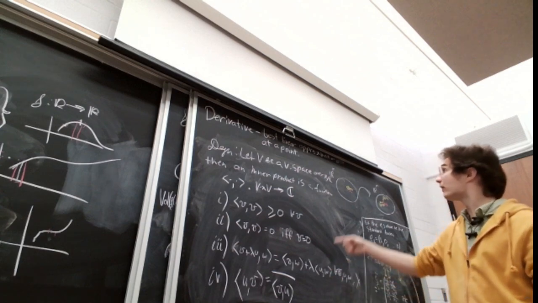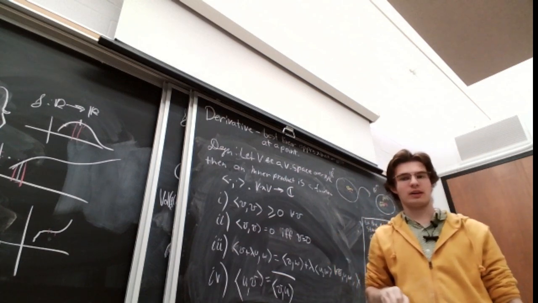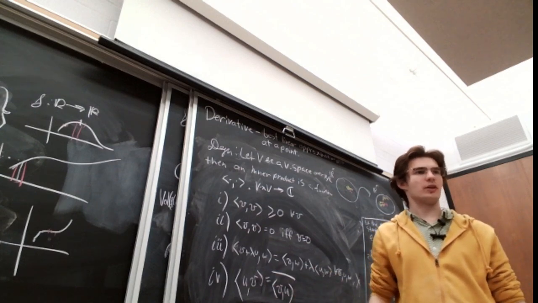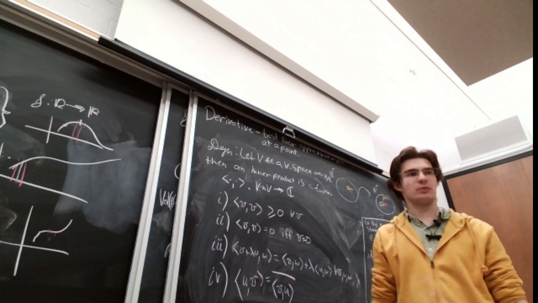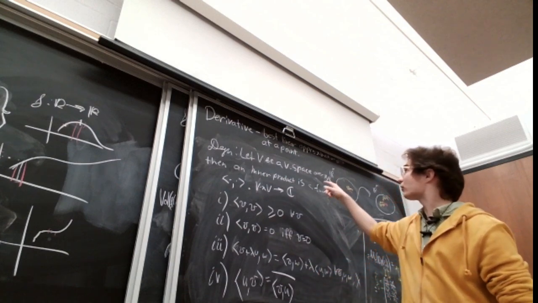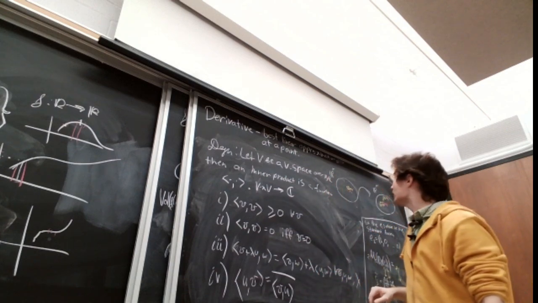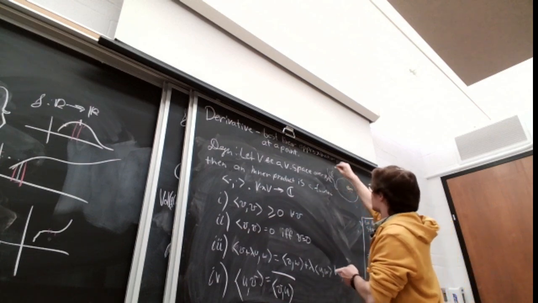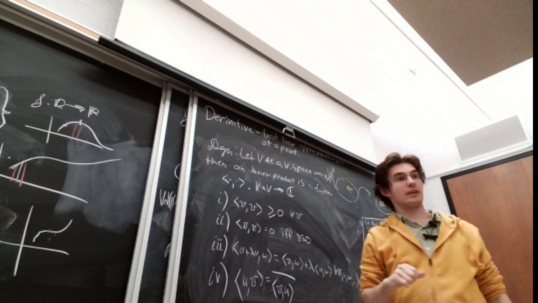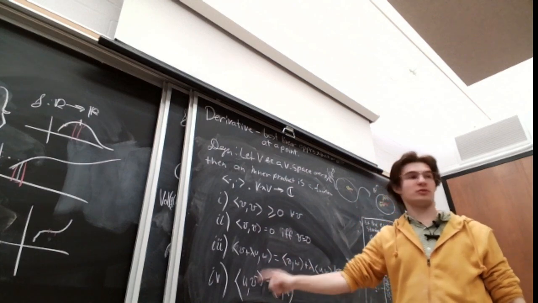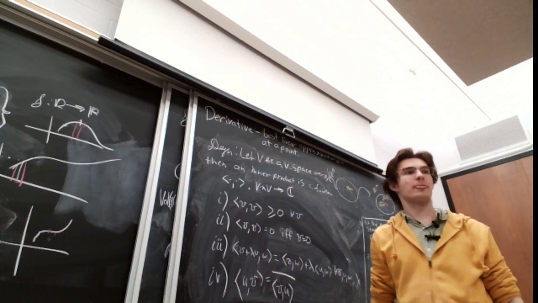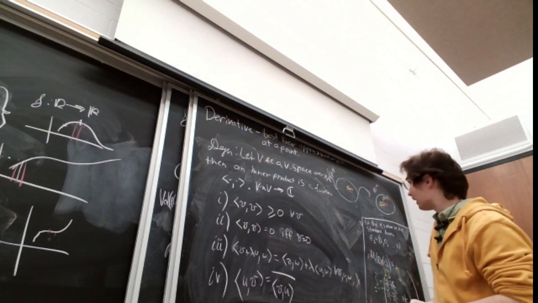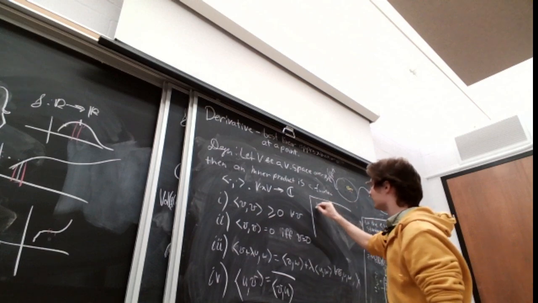In the quantum mechanics course, this matters because things can be complex. In classical mechanics, we'll only consider vector spaces over the reals, and so this really becomes the inner product of U with V is equal to the inner product of V with U. So that's a condition.